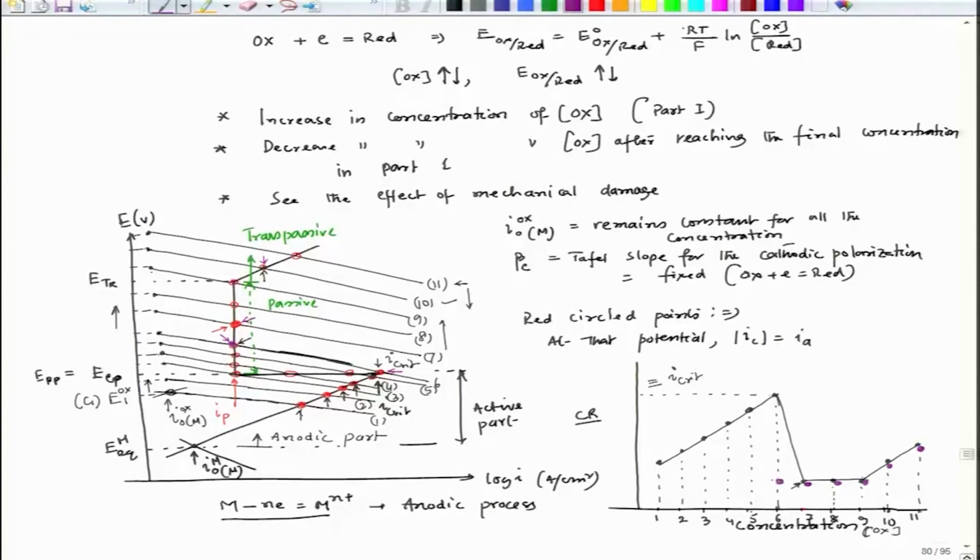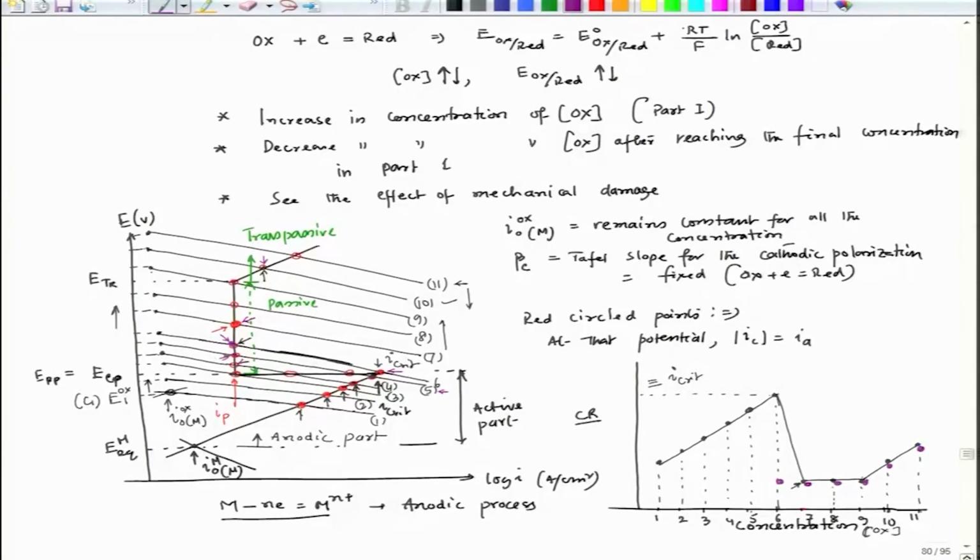Okay. So now if I go to 5, I could see there are 3 points it is crossing at this particular concentration, but since we are not disturbing the passive layer, the current density will remain here at this location.